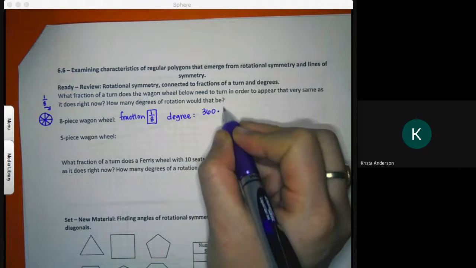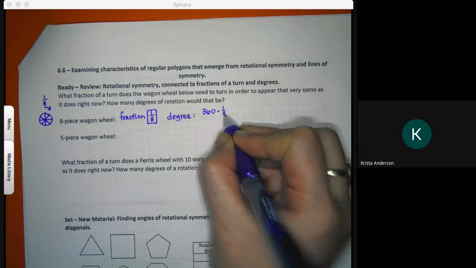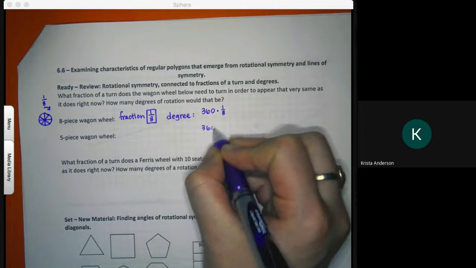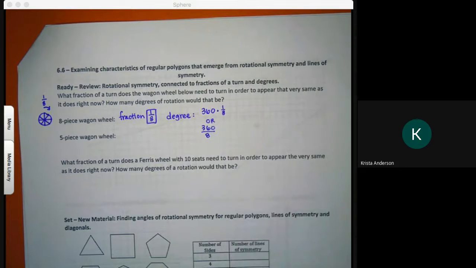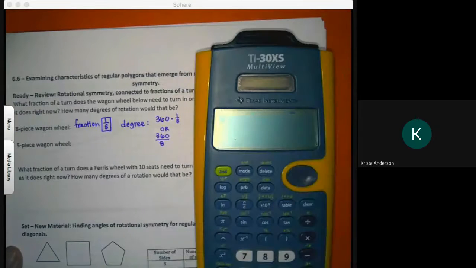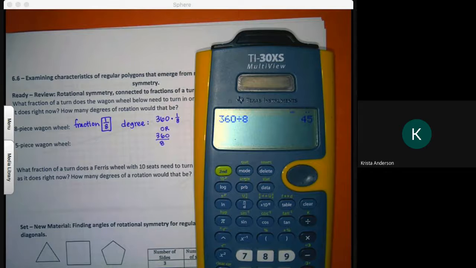You can times it by 1/8, or you can write it as just divide by 8. You can pick however you want to type it in on your calculator. I like just dividing it by 8. So if I take the 360 and divide it by those 8 pieces, it's a rotation of 45 degrees total.